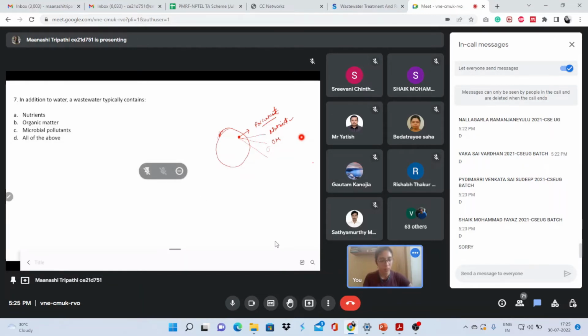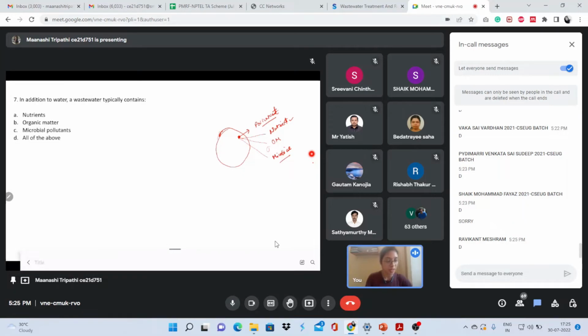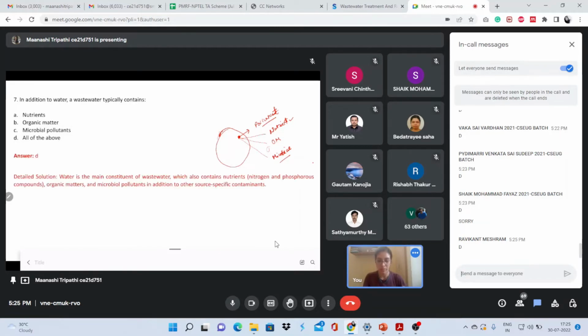Okay, and the microbial pollutants. So pathogens will come from toilets, and other microbes, like if we are ill, whatever we sneeze, those things will also go inside water sometimes. So I hope you understand the answer of this question. So its answer is D, all of the above. Apart from water, in that small portion, all these things will be there. Okay. So moving towards next question.